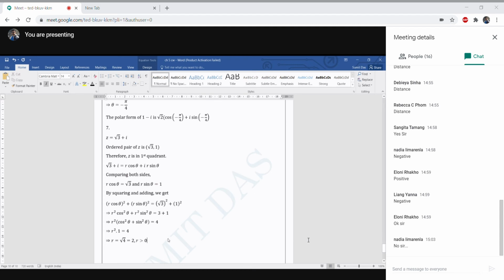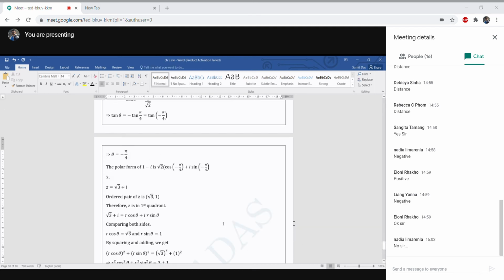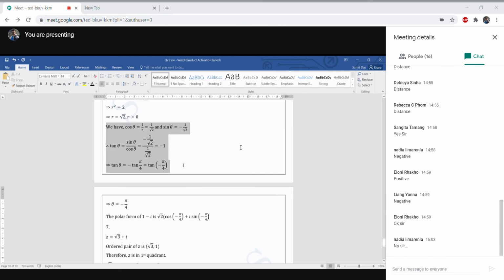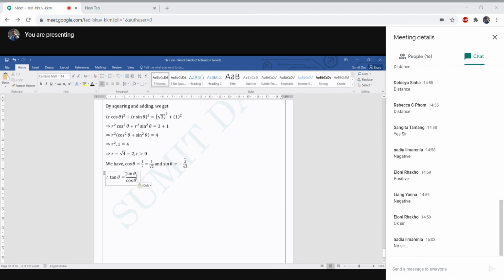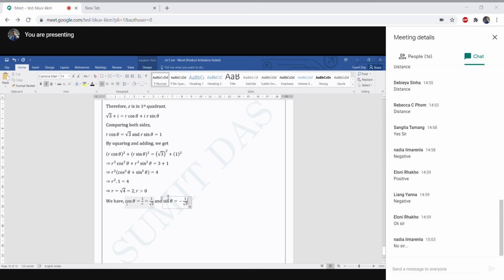Until this it is the same. And similarly we have to find this. Cos theta will be equal to 1 by r, here r is 2, and sine value will be 1 by 2.